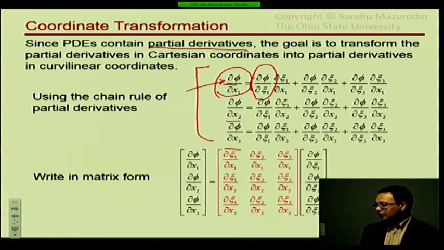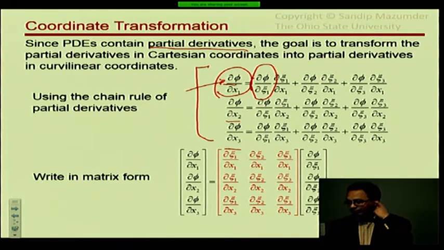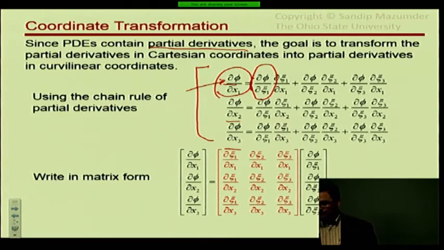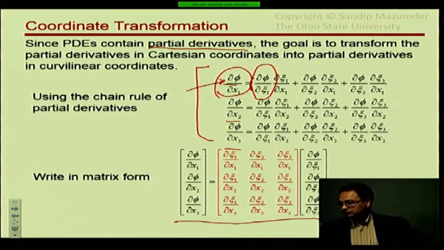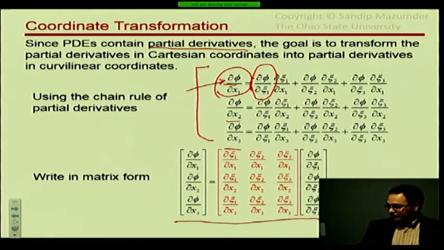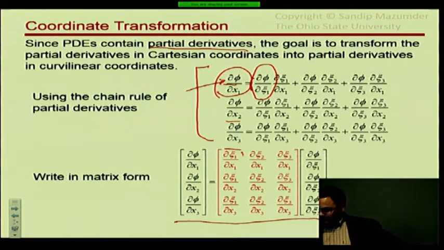So we can write that in matrix form in a very neat manner, and this is what it would look like. You can see I have d psi1 dx1 times that, which is your first term, then d psi2 dx1 times that, which is your second term, and so on. And then this times that, which is your third term. So it's row by column multiplication.